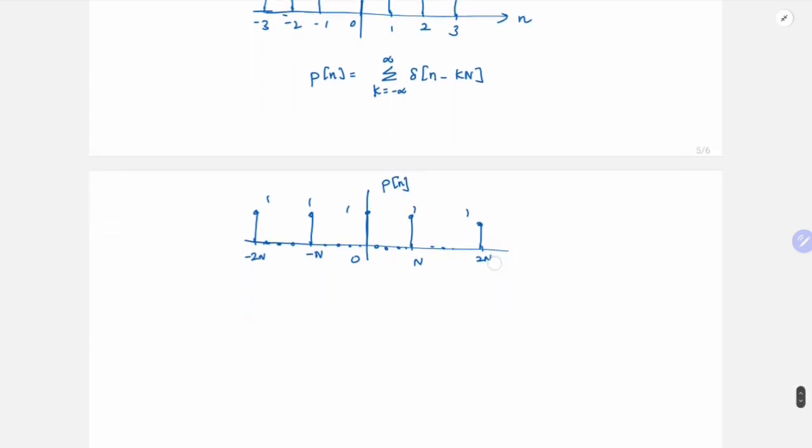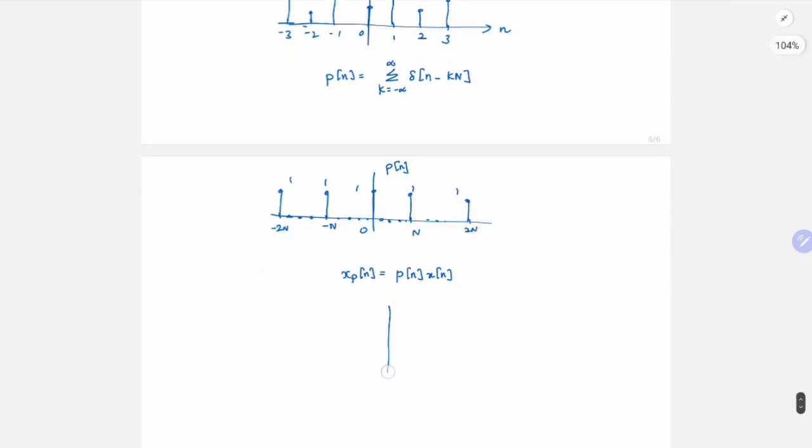So if I multiply x[n] with p[n], I'll call it xp[n], similar to the continuous time sampling case. Then what will I get? I'll only get the x[n] samples at multiples of N. So I'll get x[0], and everywhere else it will be 0, and at N I'll get x[N].